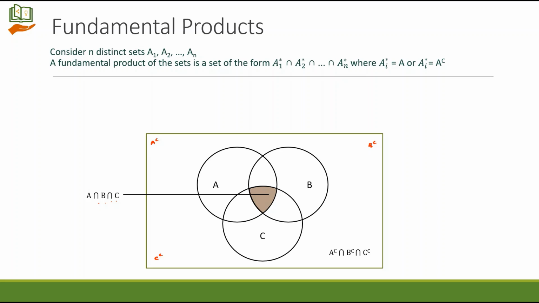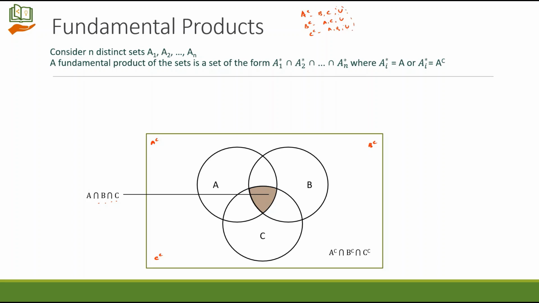What do you find in common here? A complement contains some parts of B and some parts of C and the universe part. B complement contains some parts of A, some parts of C and the universe part. C complement contains some part of A, some part of B and the universe part. What is common between all the three?